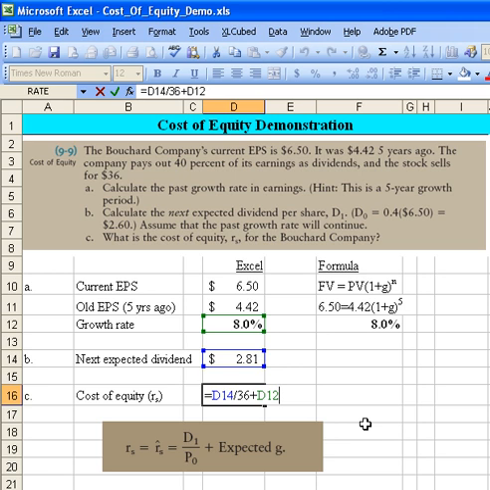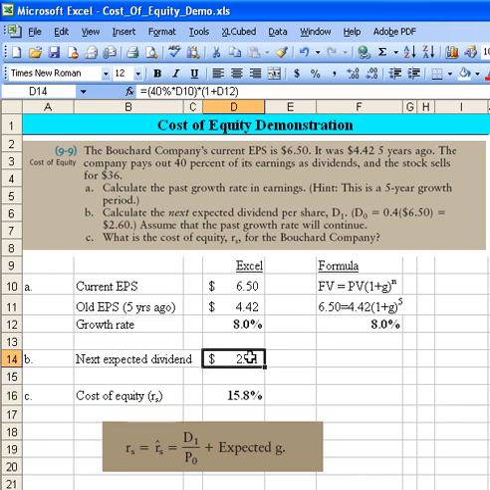So when we work through the numbers, we calculate 15.8%. That's the answer. I'll bold this one as well, just to show you that answer. And there's an example of how we would calculate the cost of equity, given this particular scenario. Thanks, everyone.